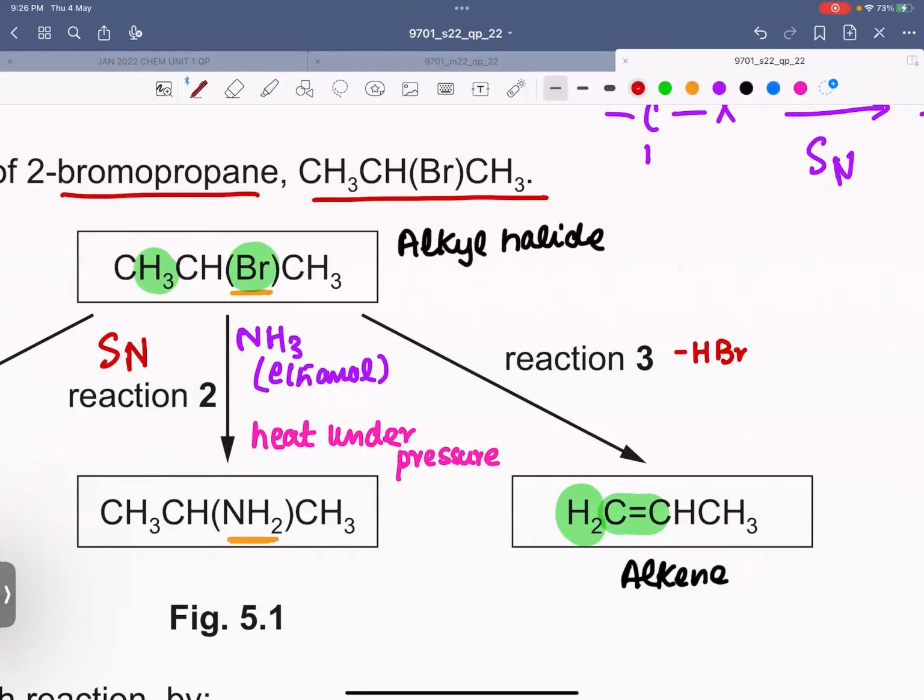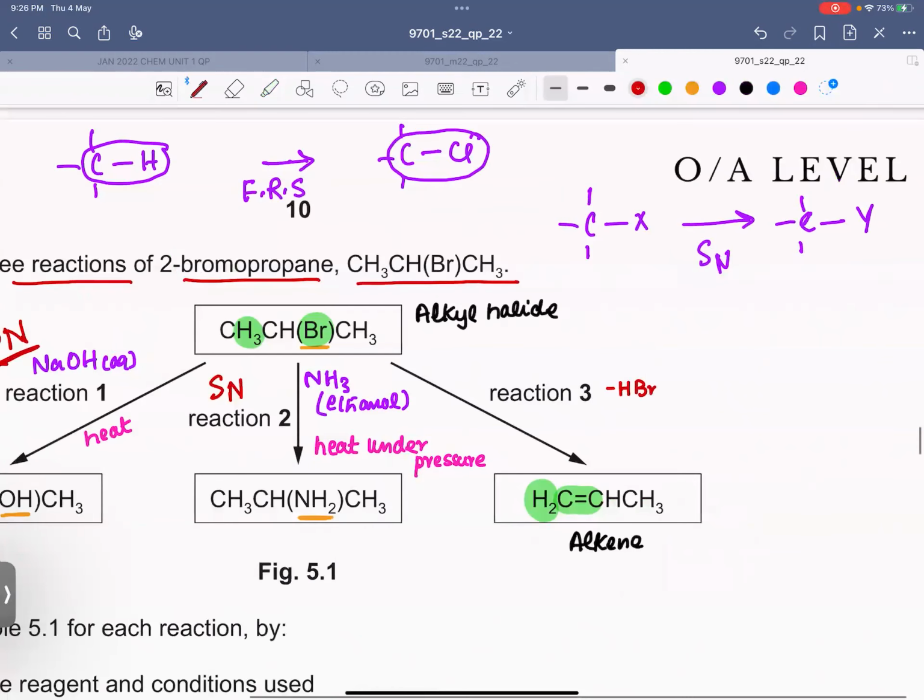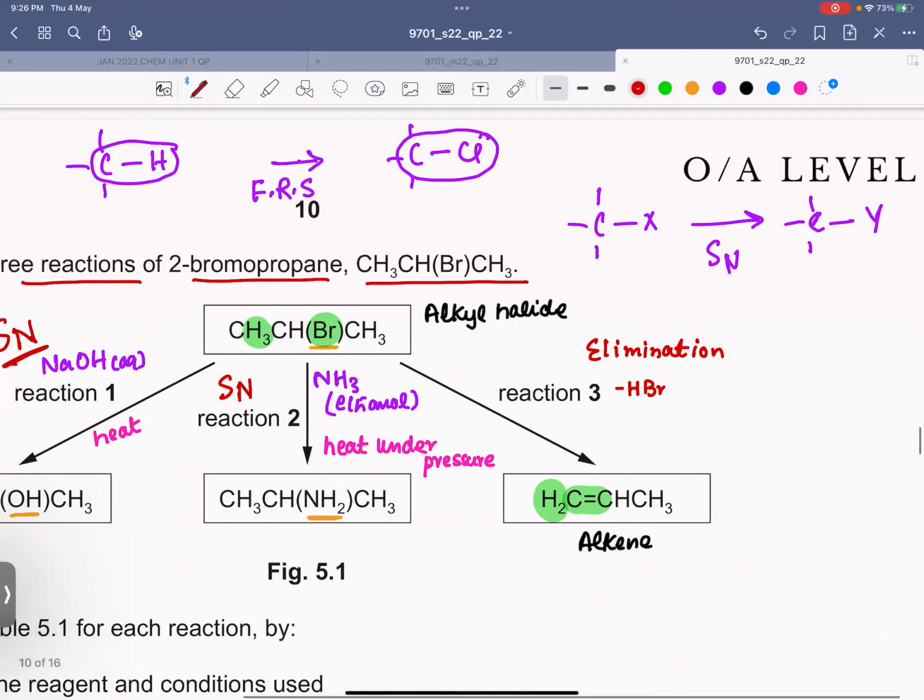So if a hydrogen bromide is removed, then this reaction is an elimination reaction, because 2 atoms from the neighboring carbons are removed, and as a result, those 2 neighboring carbons form a pi bond or a double bond with each other. Is this understandable to everyone?